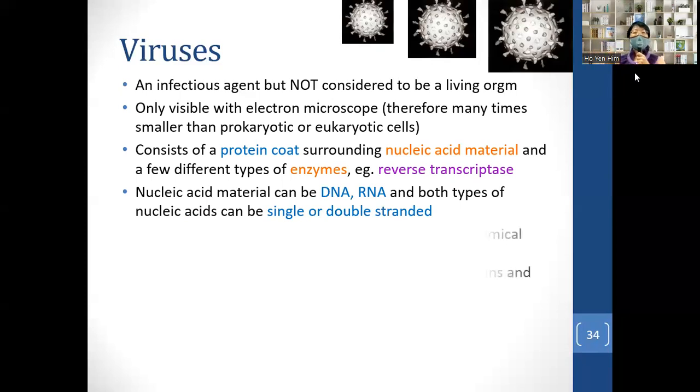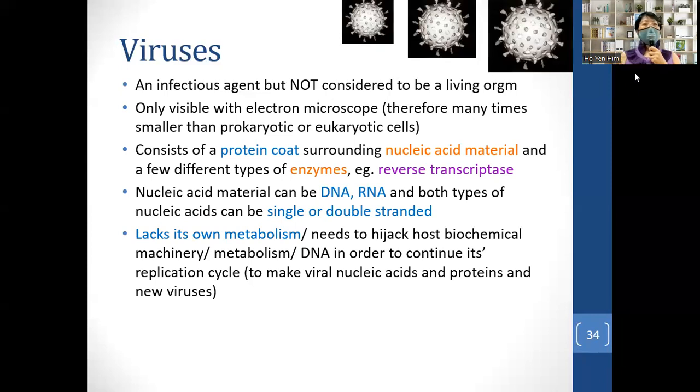It doesn't carry out any metabolism inside it. So it needs to infect another whole cell and hijack the machinery of the cell. That means hijack all the organelles, all the enzymes of the cell, and convert it to a viral production factory, in order to make viral nucleic acid, viral protein, and viral enzymes to make new viruses.